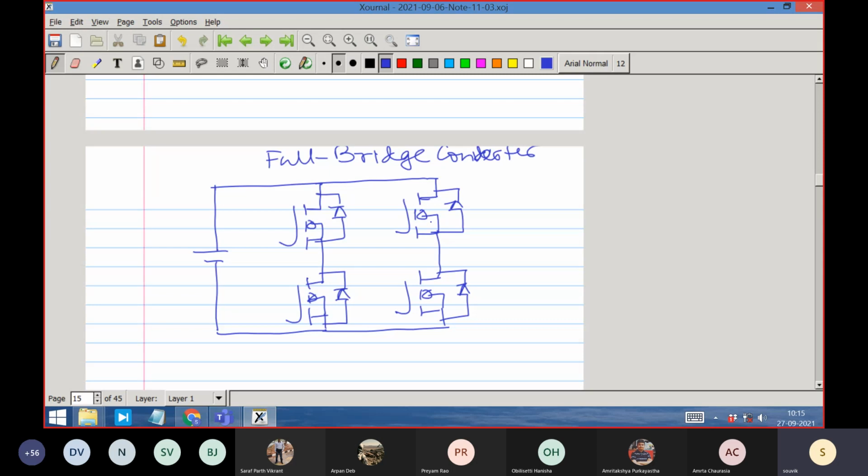You remember when you operated the half bridge, there was a situation when Q1 was on, another when Q2 was on, and another when both Q1 and Q2 were off. Q1 and Q2 both on is not possible.